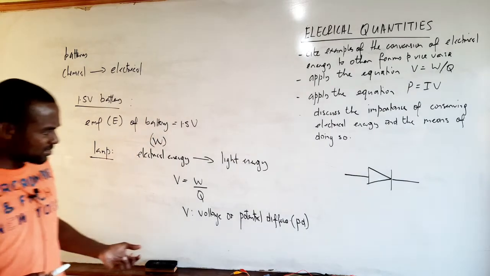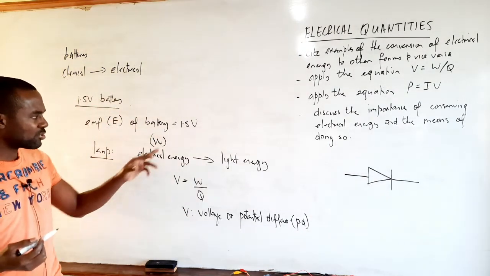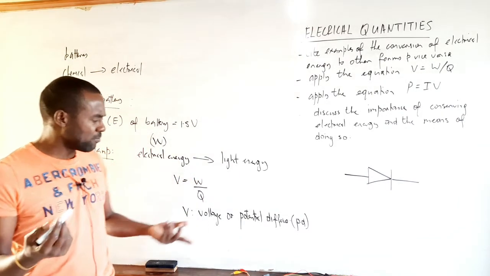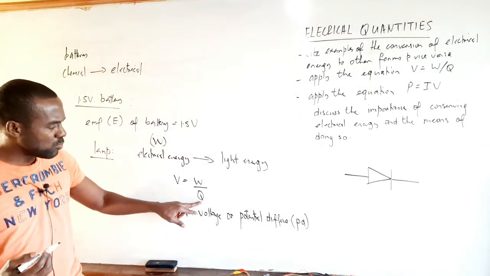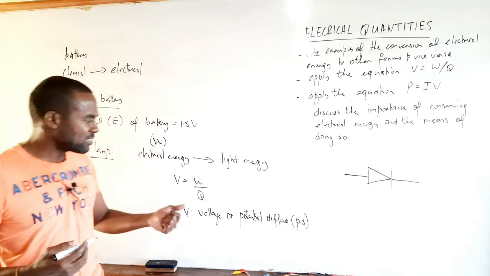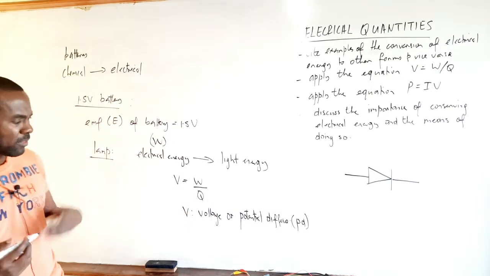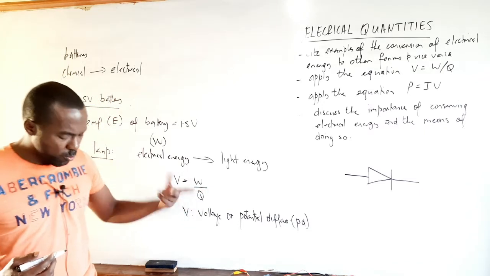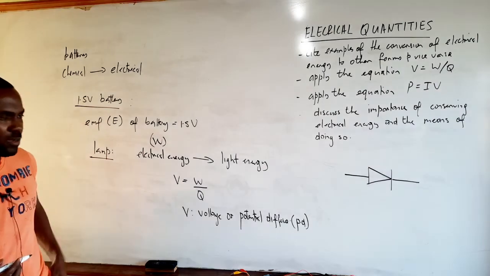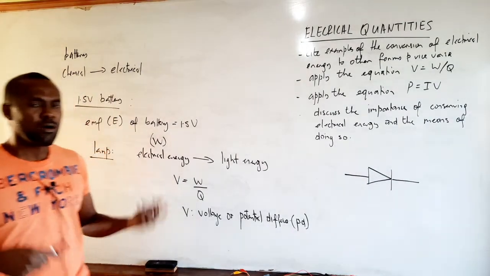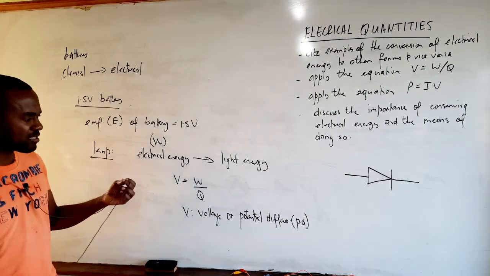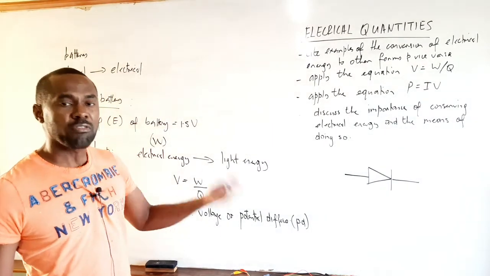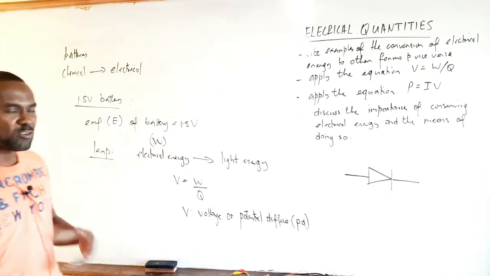So what this basically means is that if a lamp converts W joules of electrical energy into light energy or other forms, when there's a quantity of charge Q flowing through that device, then it means the potential difference or the voltage or the PD across that device is given by the formula V equals W over Q. So once again, this formula is used to give the voltage or the potential difference across a particular device when W joules of electrical energy is converted to other forms of energy in that device or by that device.